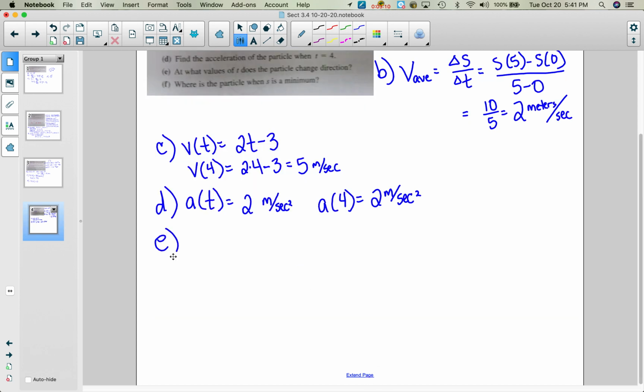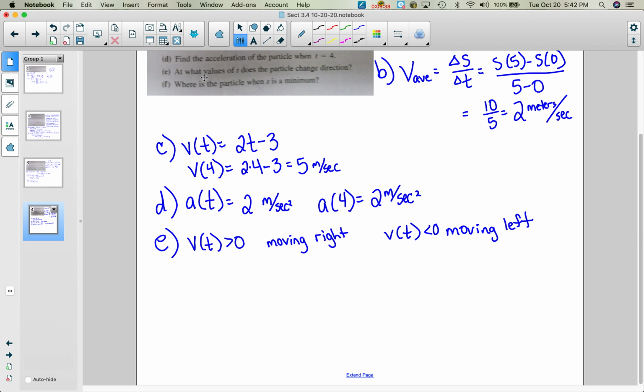Part E asks, at what values of t does the particle change directions? Okay, well, remember that when v of t is positive, then the particle is moving to the right. And when v of t is negative, it's moving left.